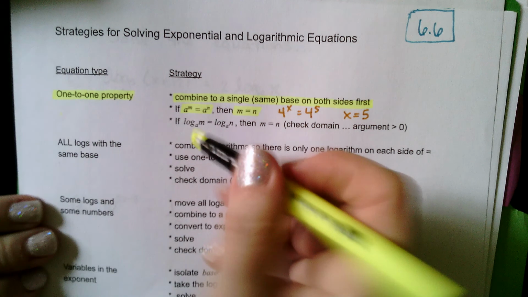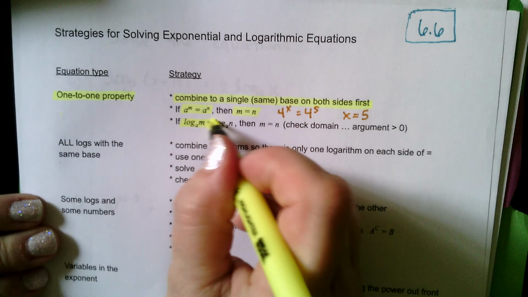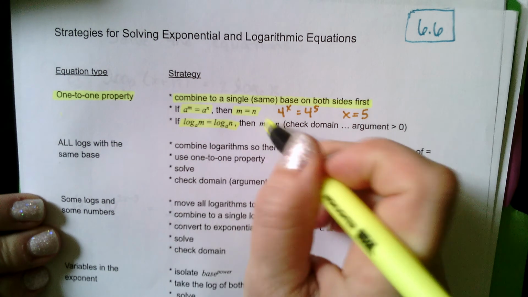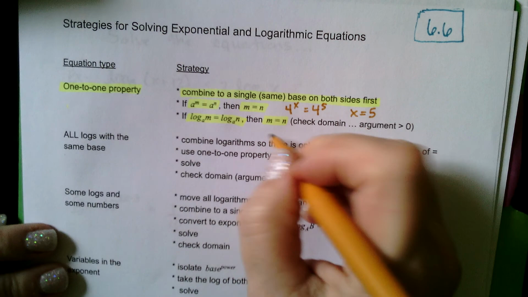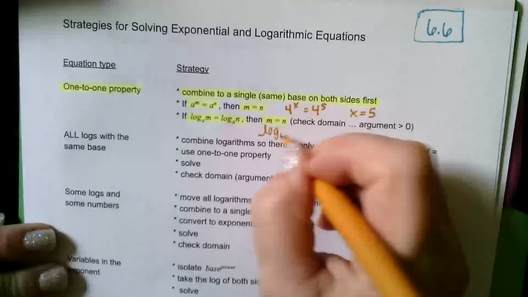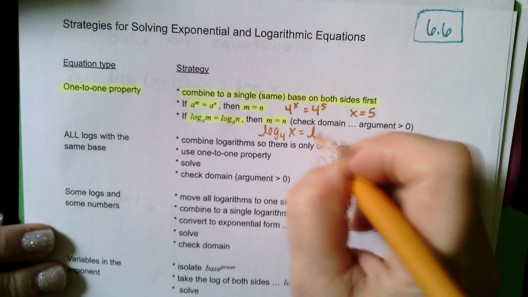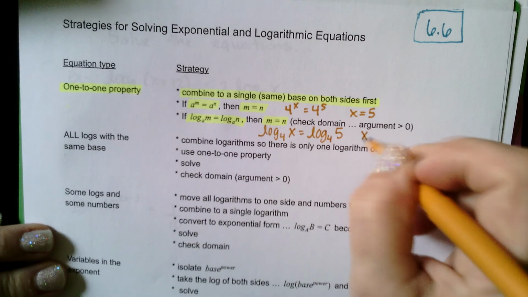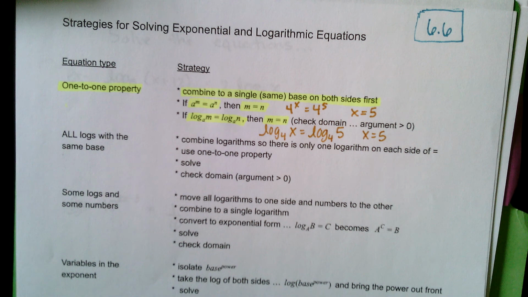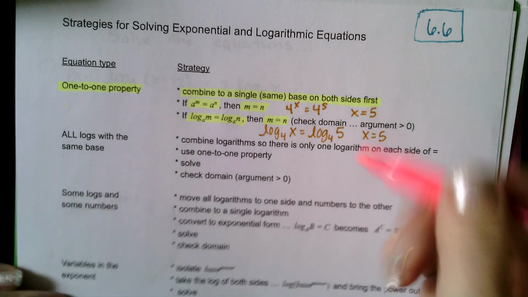Works the same way with logs. If log base a of m equals log base a of n, then m equals n. So say I had log base 4 of x equals log base 4 of 5, then we could say x equals 5. Now, when you have a logarithm, you have to make sure that you check domain.